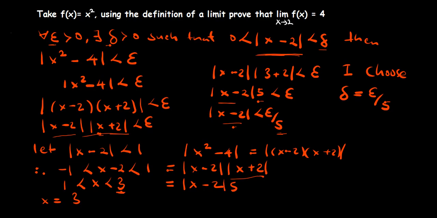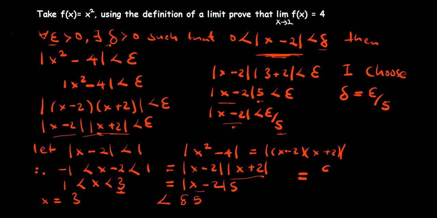So after having this, what do I do next? We said from the top that modulus of x minus 2 is less than delta. So this will be less than delta times 5. Now, I know my delta because I chose my delta to be epsilon over 5.